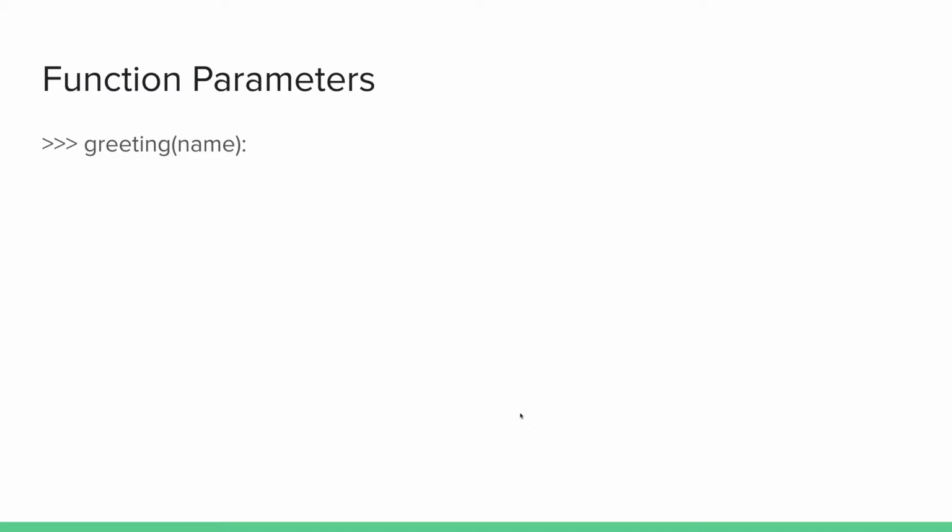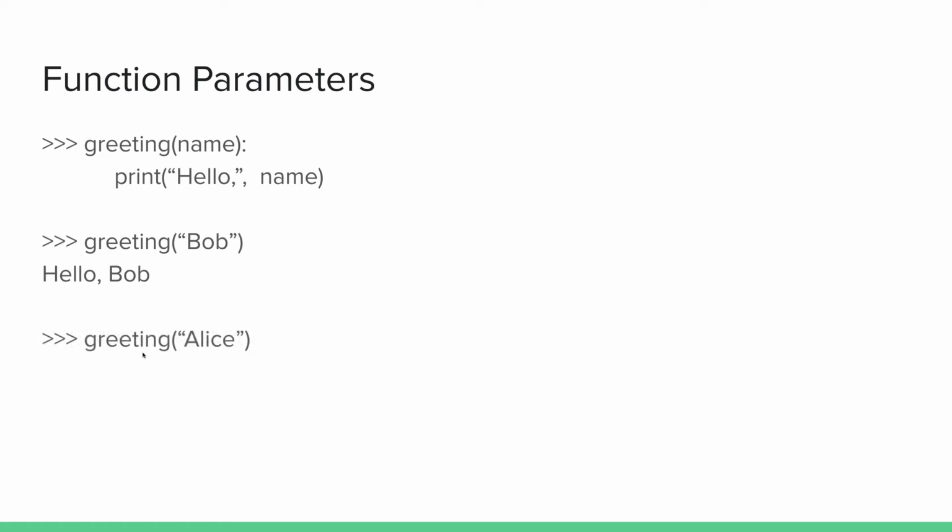So back to our greeting function example. Now our greeting function has a parameter called name, and what the function will do is print hello, comma, name. So now calling this function, we need to supply a name. So we need to provide a string name, Bob, for example, and it will print hello, Bob.